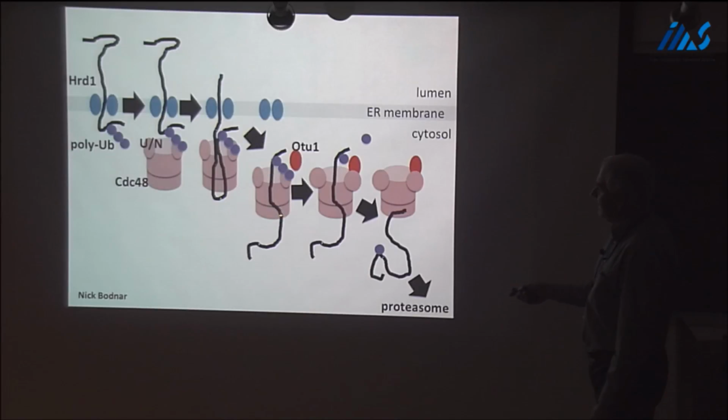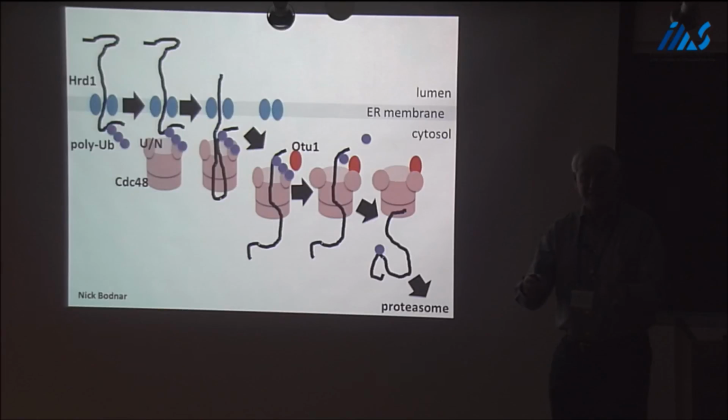In order to release a substrate, you need to cut back this ubiquitin chain. And this is done by a deubiquitinating enzyme called OTU1. So that's a different DUB from the one that cuts back the ubiquitin chain on the HERD1 molecule. And in fact, OTU1 cannot work as long as the substrate is not released from the membrane, because there's another component here in the membrane that competes with OTU1.